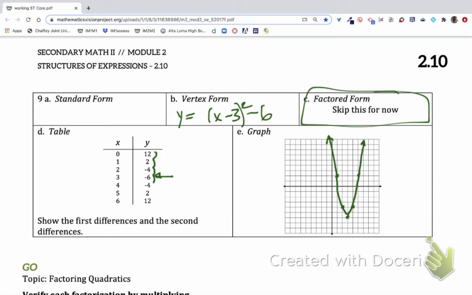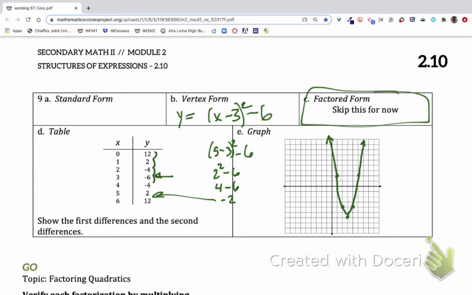So plug in one of those values. I'm going to plug in the 5. It doesn't really matter which one you plug in. 5 minus 3 squared minus 6. If I do that, I would get 2 squared minus 6, 4 minus 6. That doesn't give me a positive 2.